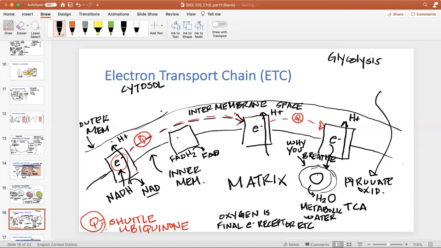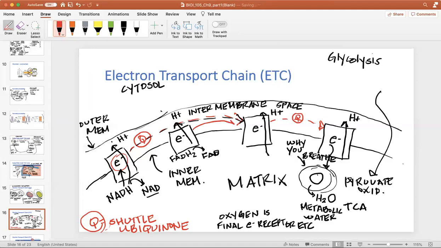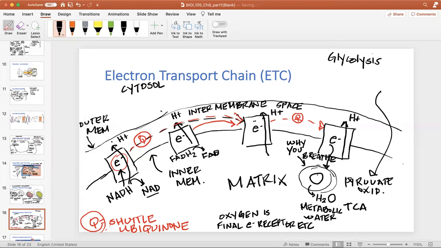This is going to strip an electron off of that molecule, and it's going to use the energy of that electron to pump hydrogen ions in this intermembrane space. Then just like before, we're going to shuttle this electron over to the next protein, where once again, it still has a little bit of energy, and we can use it to pump some hydrogen ions into this space.